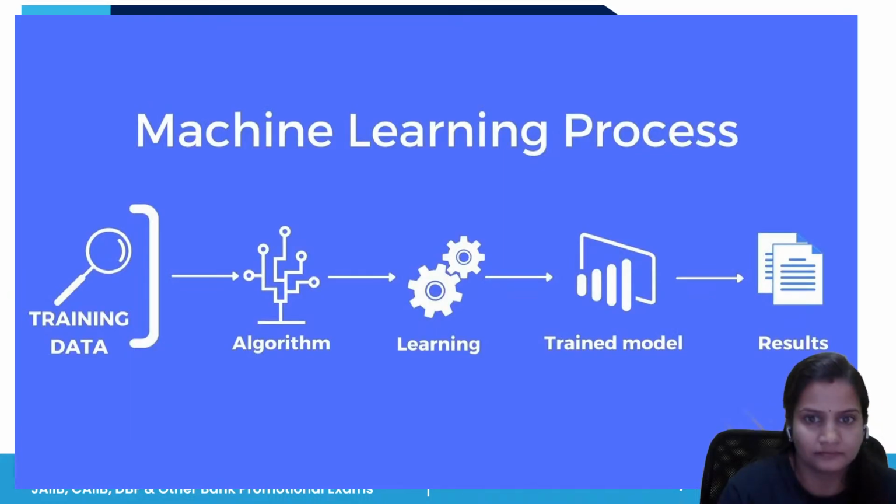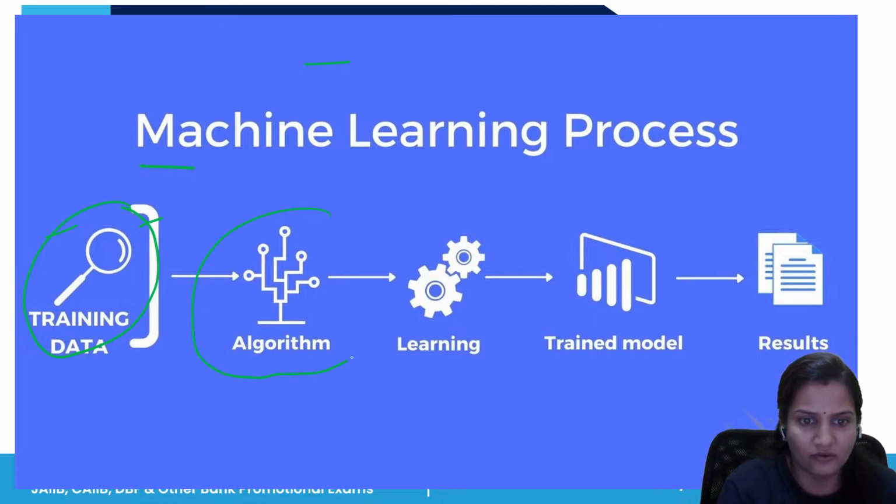Now, so what is the machine learning process? First of all, the data which we provide to this machine learning will train the model. Train means it will check whether the data related to your input is correct or not.